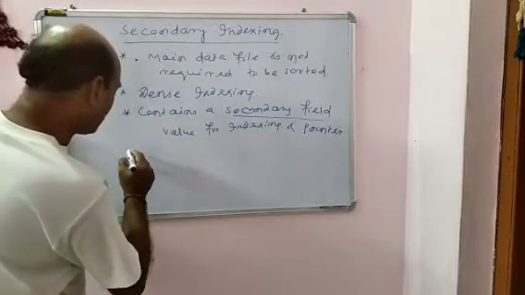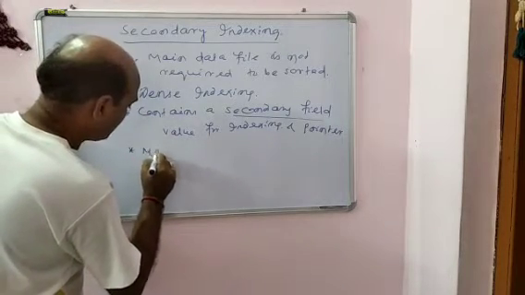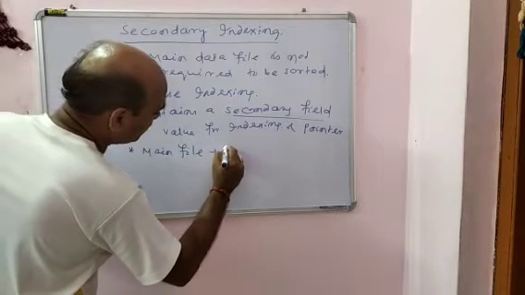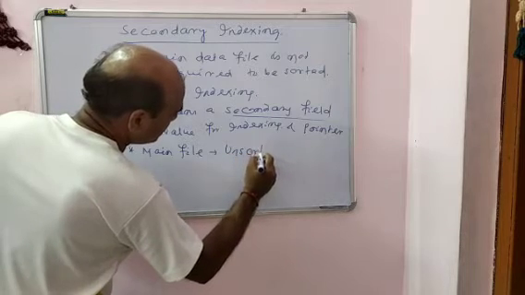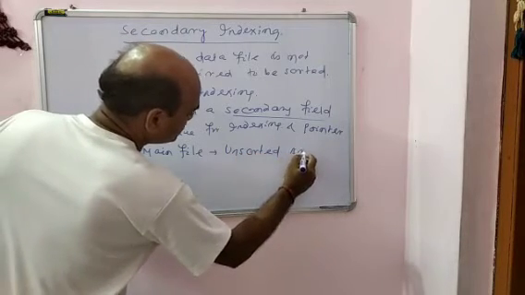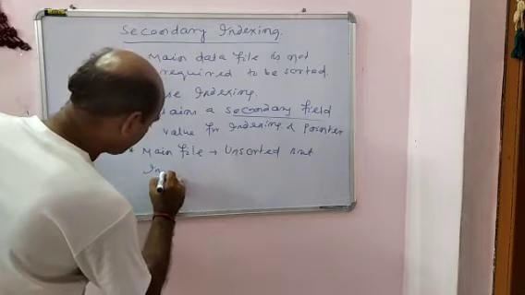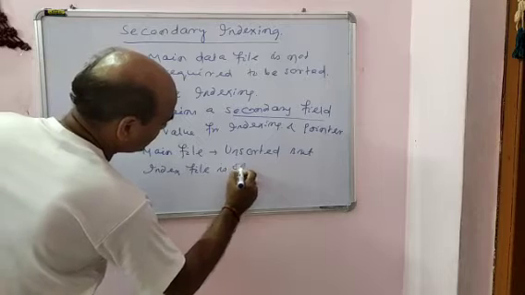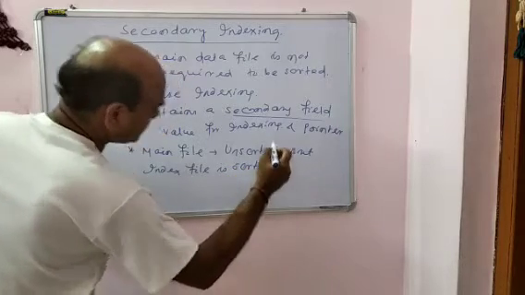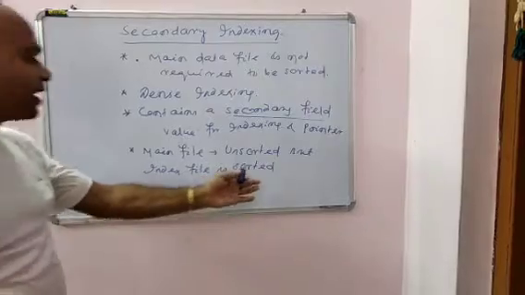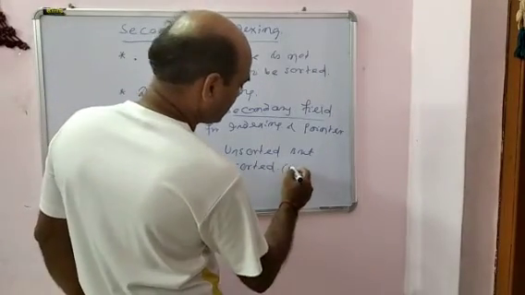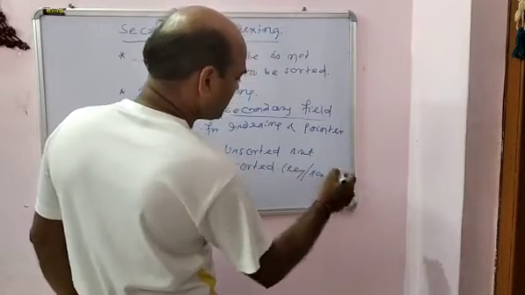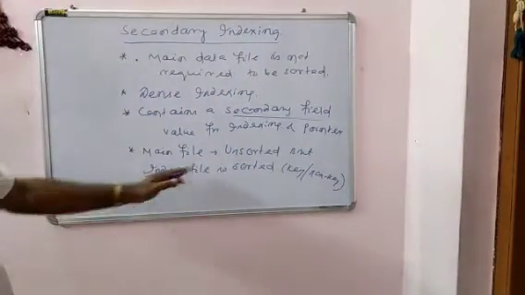So here the main data file is unsorted, but the index file is sorted according to any key value or non-key. The index field, key or non-key, any field, accordingly we can sort.